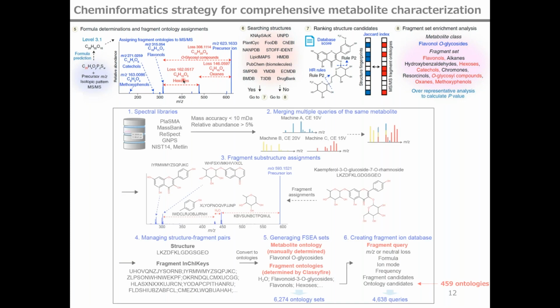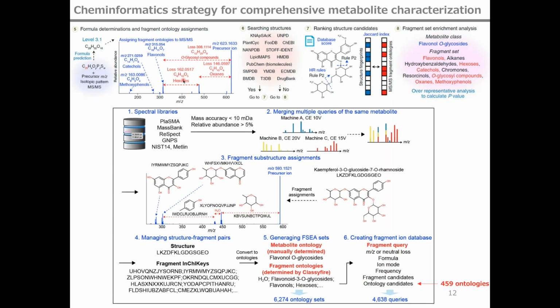First of all, the fragment ion database was created by means of this workflow. We extracted high quality MS/MS spectral information having less than 10 millidalton mass accuracy and more than 5% relative intensities.